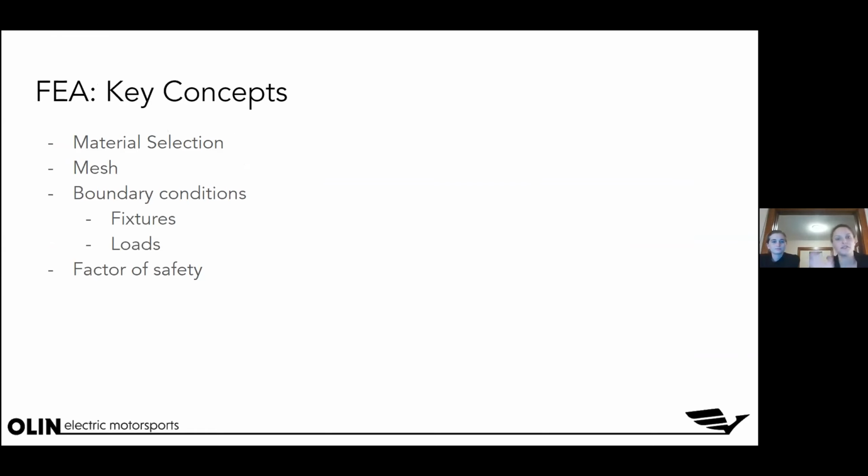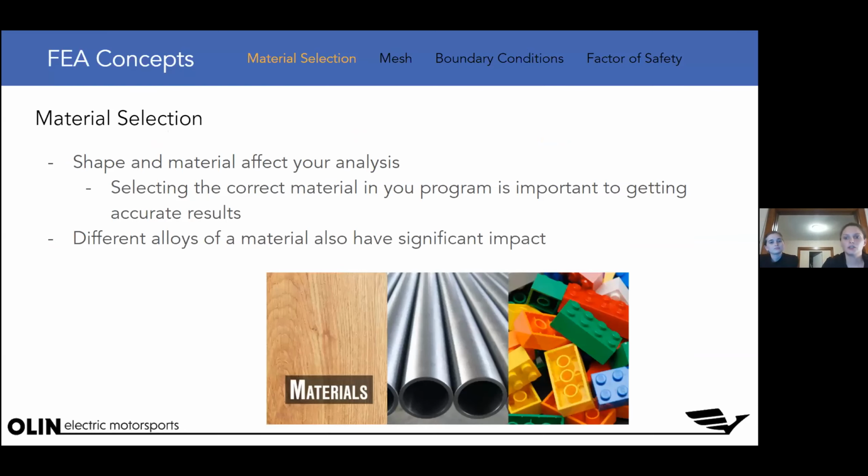So there are a few definitions we just want to go over really quick: material selection, mesh, boundary conditions, which include fixtures and loads, and factor of safety. So, material selection. The shape and material affects the analysis, which sounds really simple, but it actually makes a huge difference.